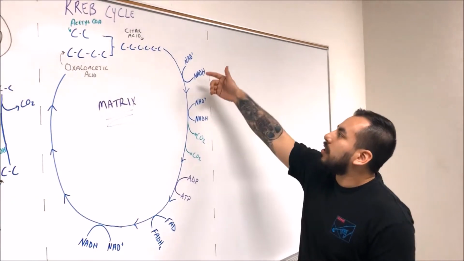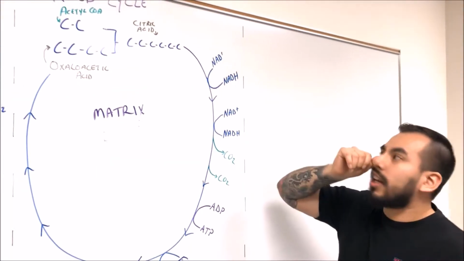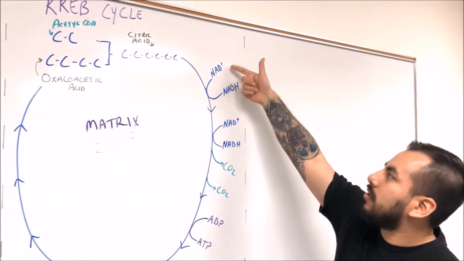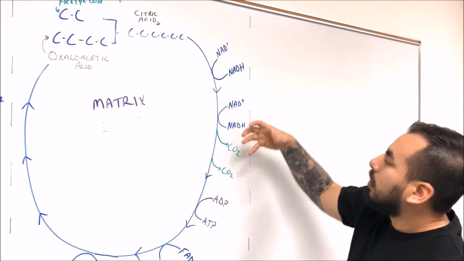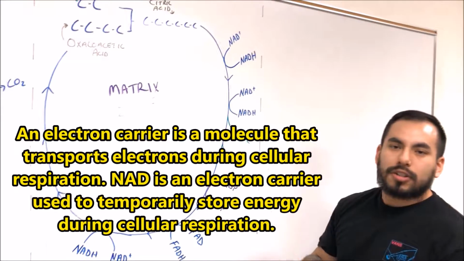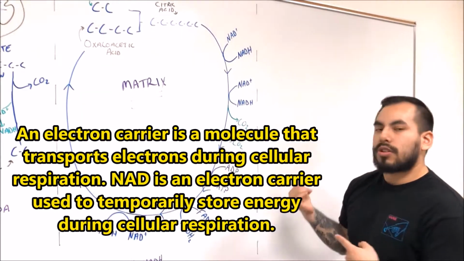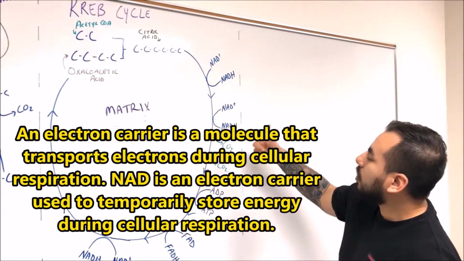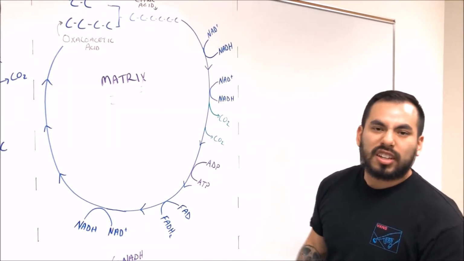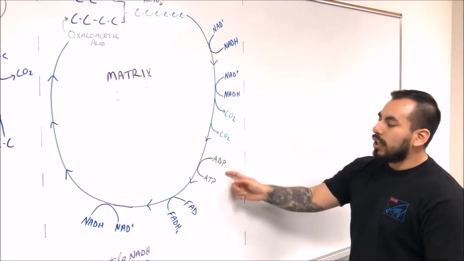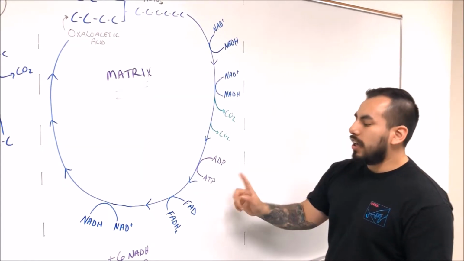Now, as you can see here, NAD plus is turning into NADH, which is gaining an electron. Basically, all these electron carriers are going to play an important role in the electron transport chain. We're expelling CO2 through respiration, just breathing in and out. ADP gains a phosphate to turn into ATP.